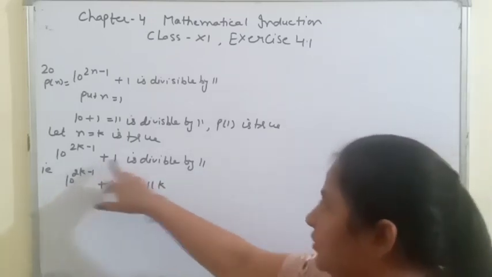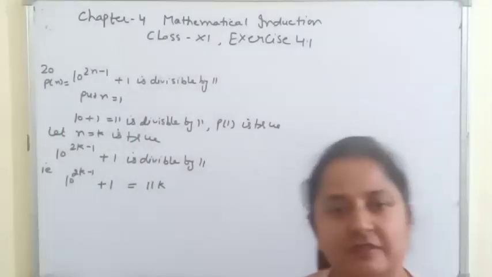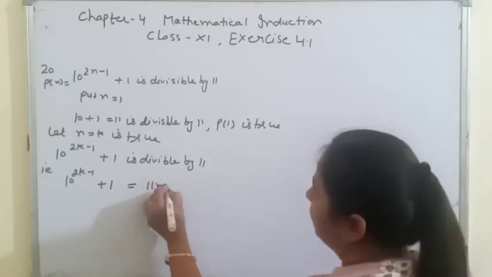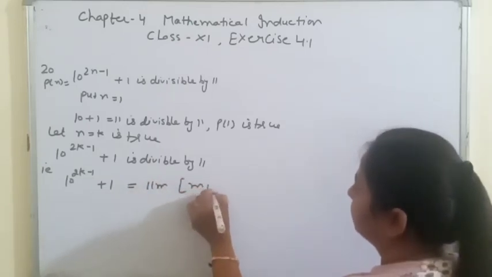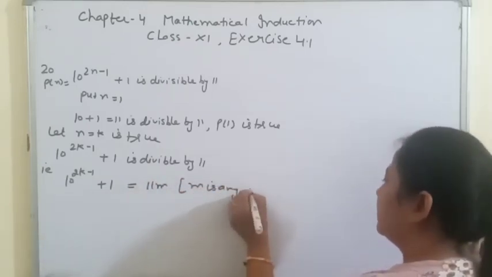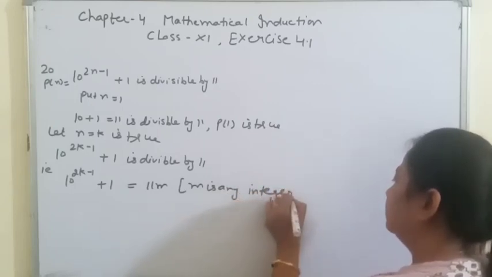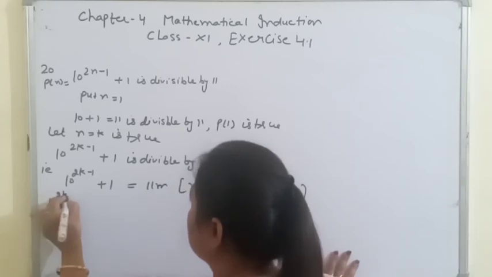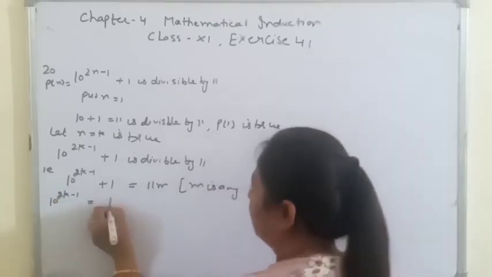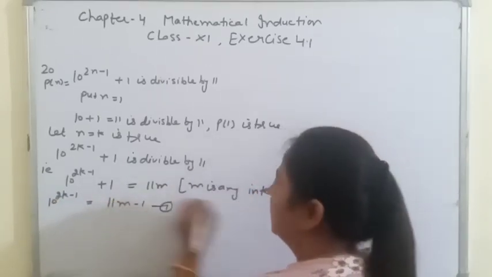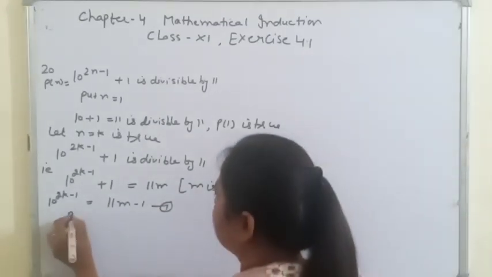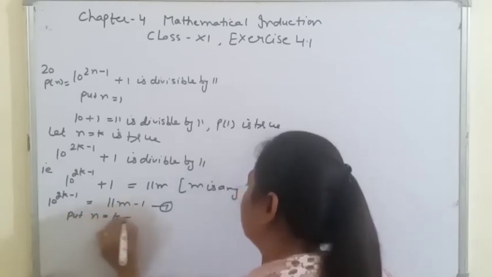If this statement is divisible by 11, then obviously it is a multiple of 11, where m is an integer. So 10^(2k-1) will be equal to 11m minus 1. This is the first equation. Now we have to prove it for n equal to k plus 1.